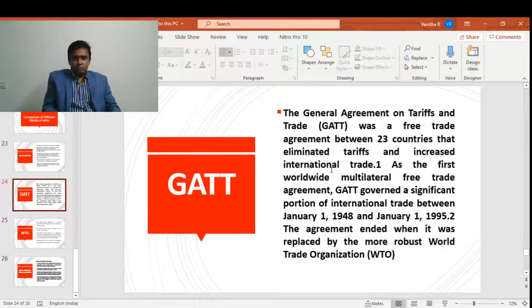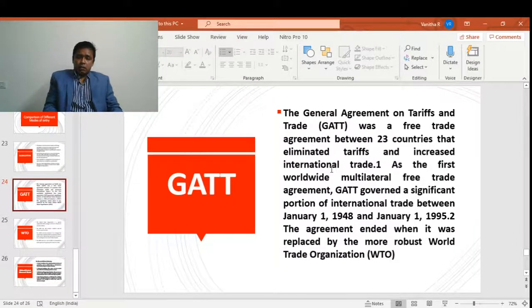Every now and then they have universal meetings, and this is fine. That is the advantage of why GATT happened, and after that why the WTO came into the picture. About the WTO, we will again discuss in detail, because GATT has come and GATT has gone.